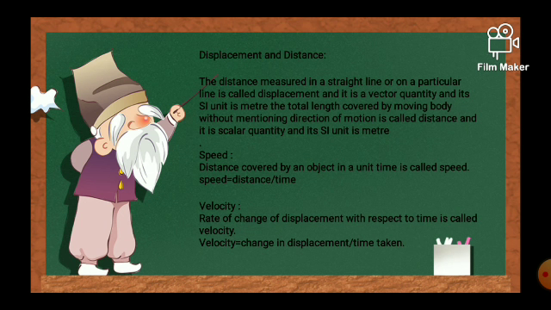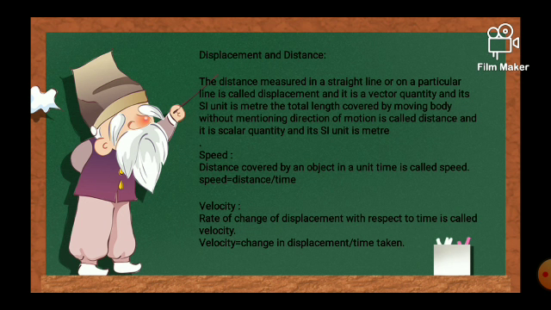Just like it moved 2 km in 3 to 4 minutes, or might be more than that. So this is known as uniform velocity.